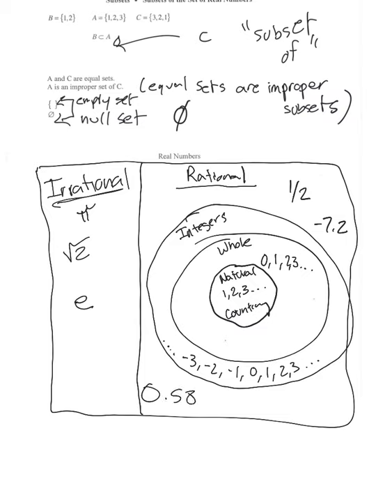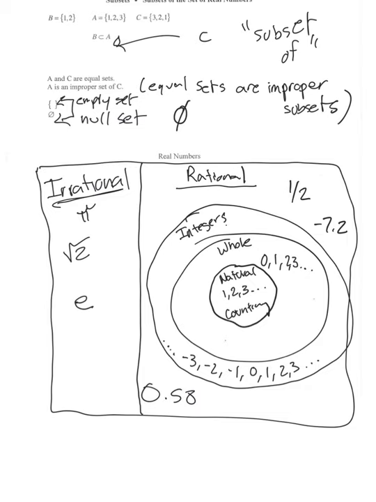So this is kind of your family of real numbers. All real numbers fall into two categories of irrational or rational. Within your rational set, you've got natural numbers, which is a subset of whole numbers, which is a subset of integers. Integers is a subset of rational numbers, which is a subset of real numbers.